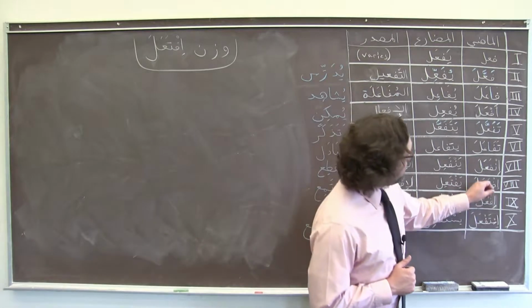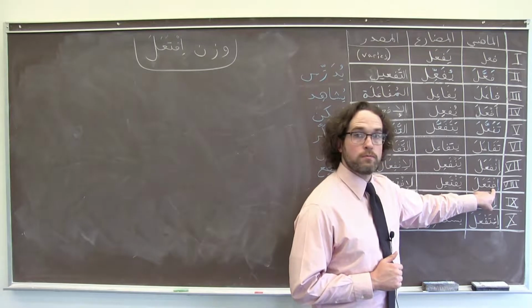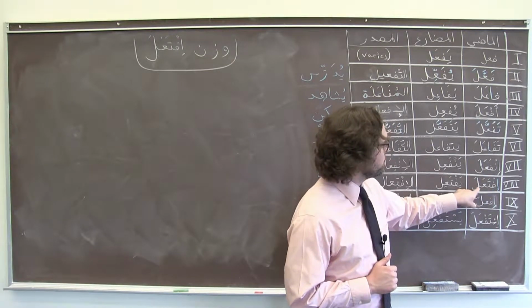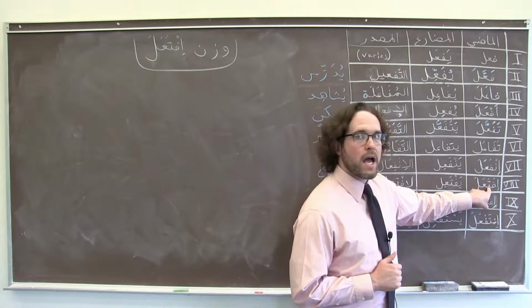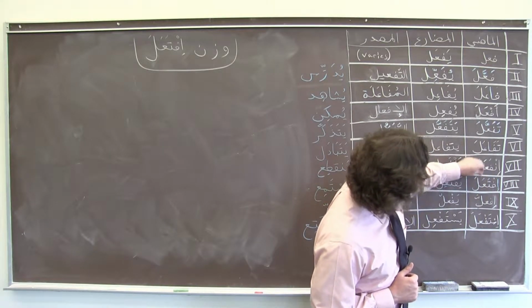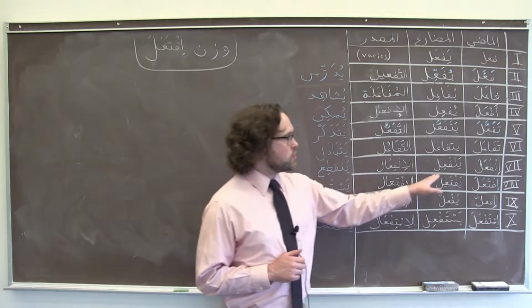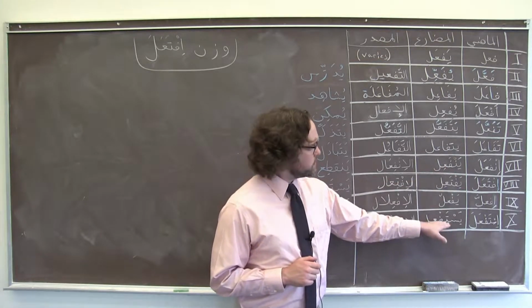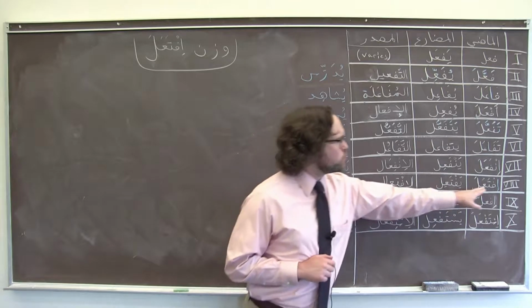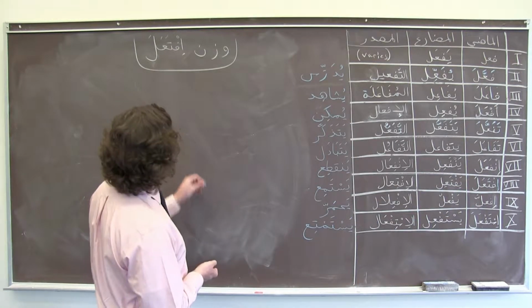we add an alif with a kasra before the first letter of our judr, or root, represented by fa, ayn, lam, and then we add a ta after it in the past tense. So we wind up with ifta'ala. In the present tense, just like with all the other verb forms 7 through 10, we drop that alif and it disappears, but we do keep the ta in the middle.